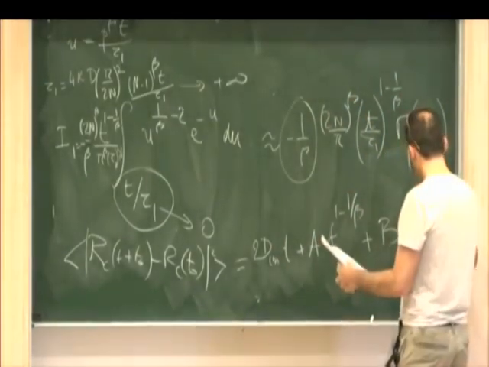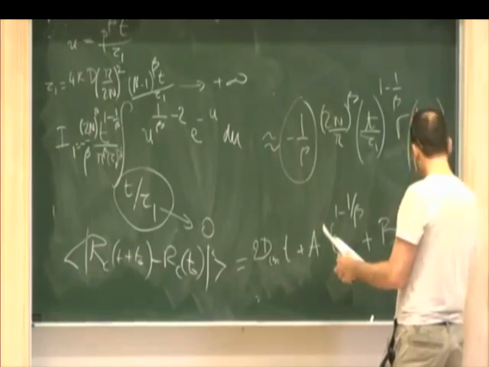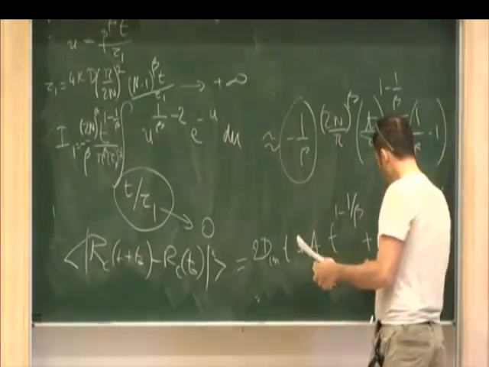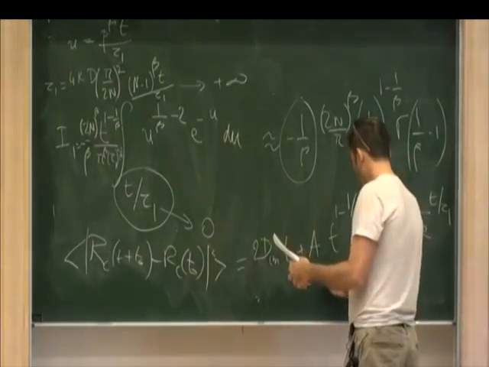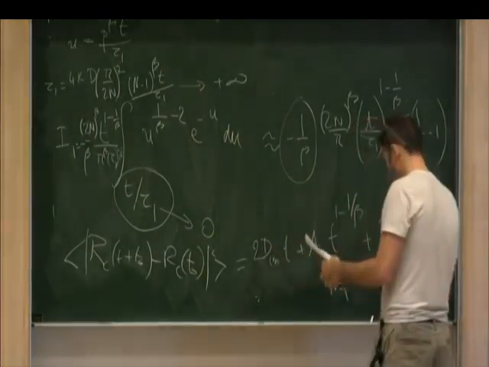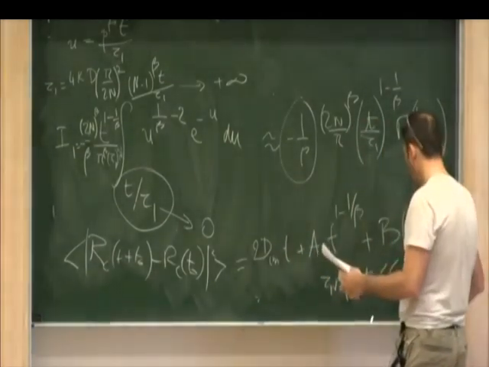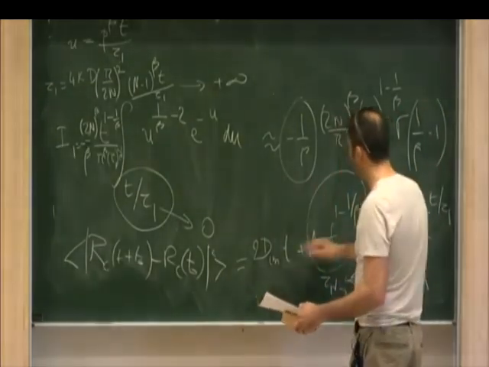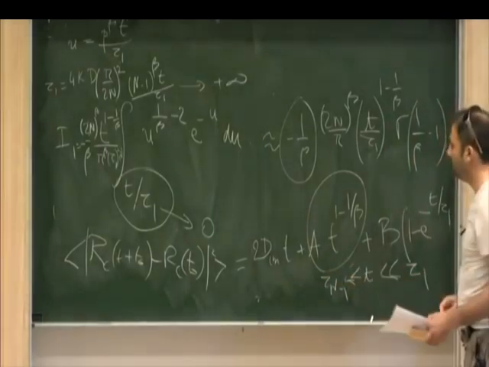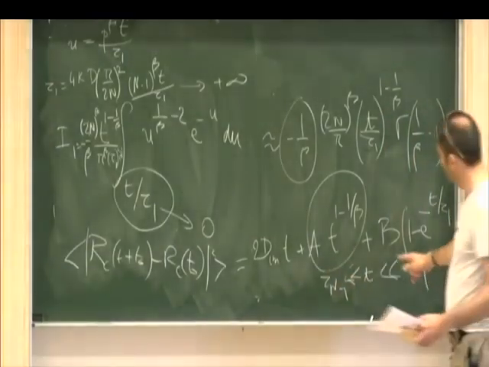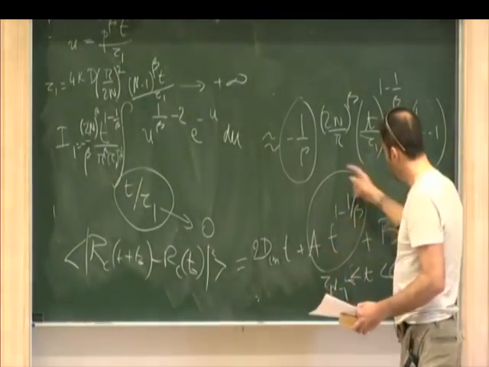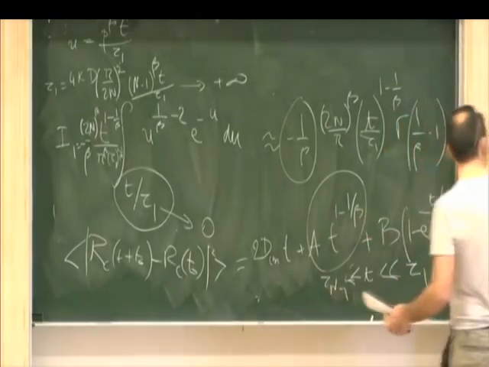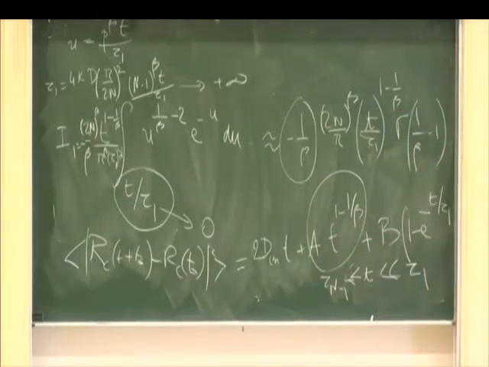It's 1 divided by minus t divided by tau 1, for t bigger than tau n minus 1 and less than tau 1. So basically the most important term is this one. The rest you can neglect.